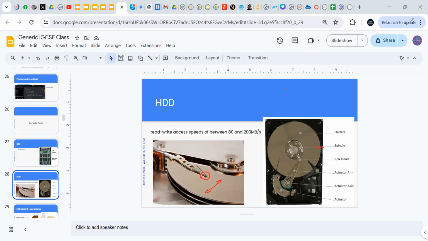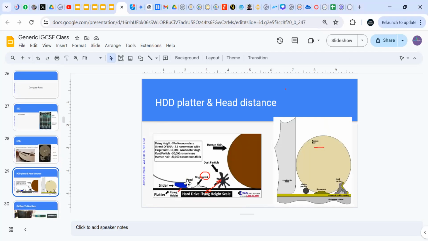I think these images can tell you. This is the head, and this is the magnetic platter where we store the information. We magnetize the information.